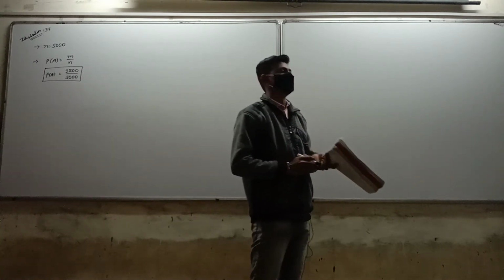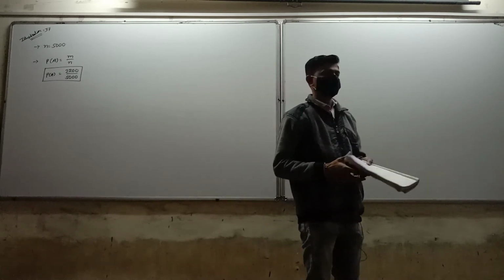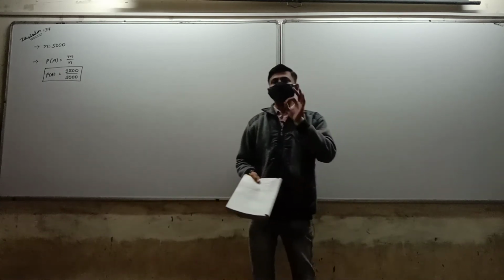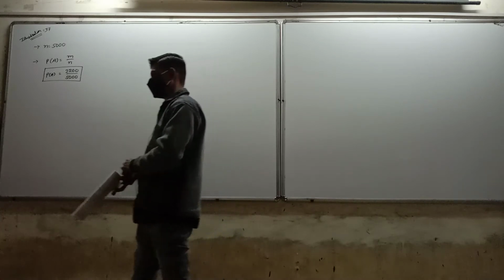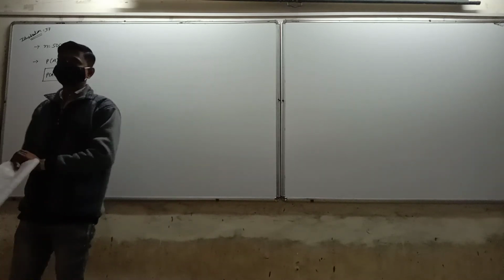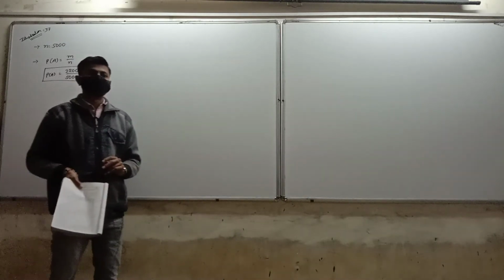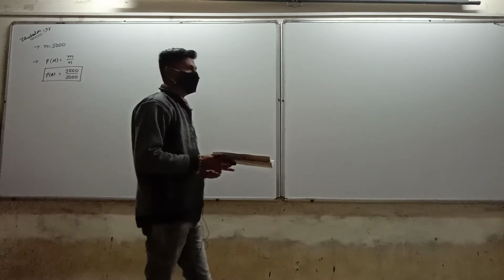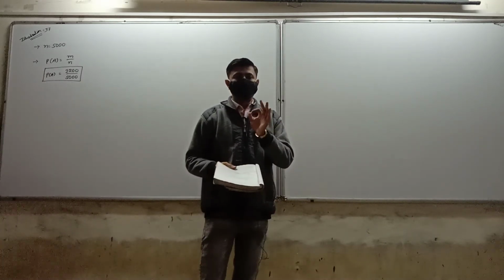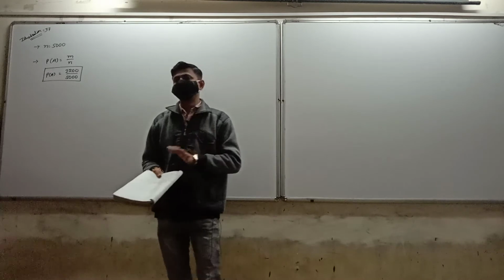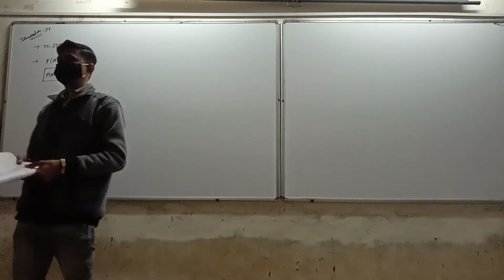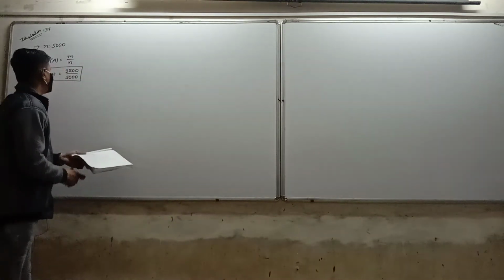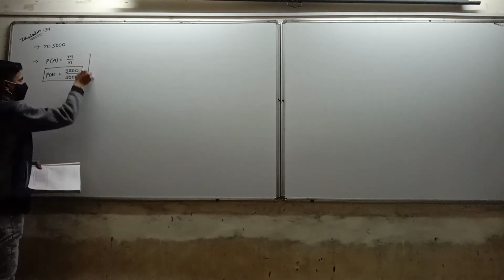New line, event D is equal to, डिफेक्टिव आइटम को हम D से डिनोट करेंगे. Event D is equal to selected item is defective.